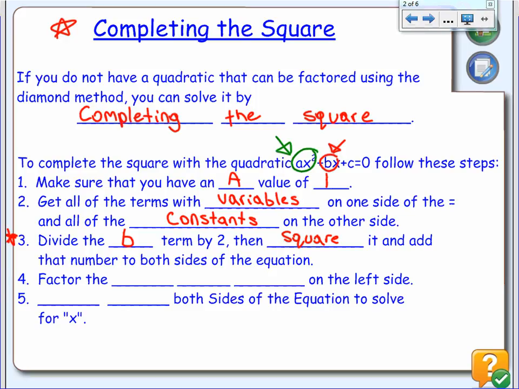Step 4. Because you followed that weird little step 3, what you did is you created something called a perfect square trinomial.